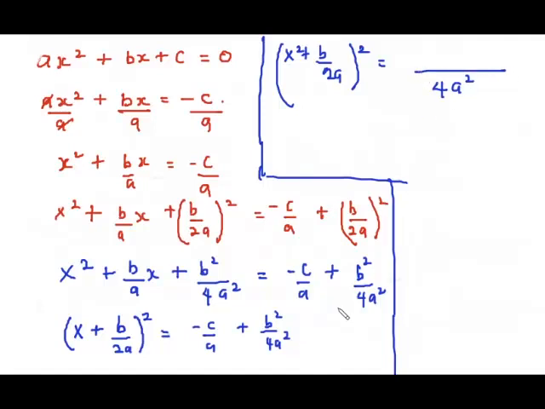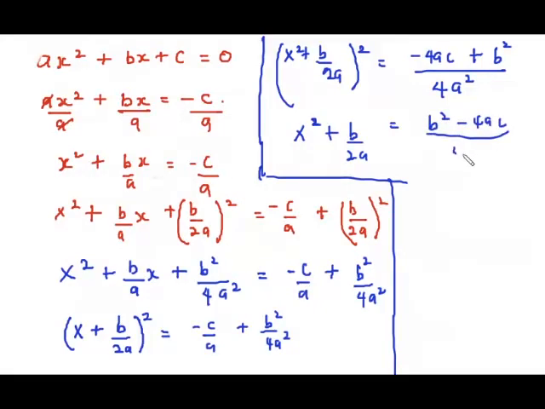So the consequence of this is that 4a squared divided by a is 4a, so we have negative 4ac. 4a squared divided by 4a squared is 1, so we have plus b squared. Now this means that we have x plus b over 2a, all squared, equals b squared minus 4ac divided by 4a squared.